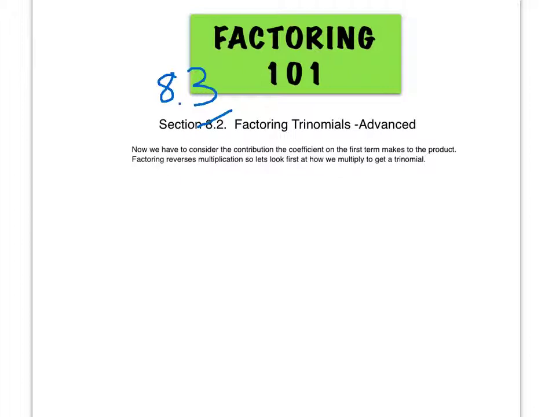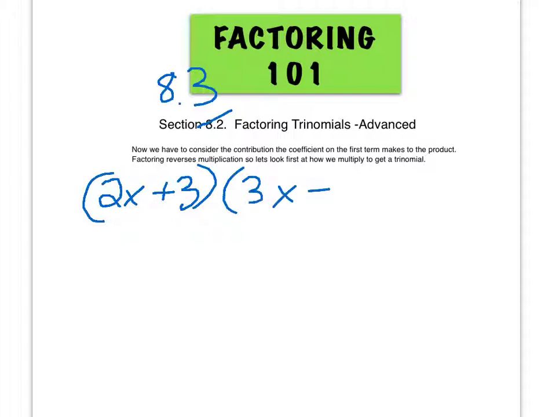So what we have to do is consider the contribution that coefficient on the first term makes to the product. Factoring reverses multiplication, as we saw before, so let's look at how we multiply to get a trinomial like that. 2x plus 3 times 3x minus 4.